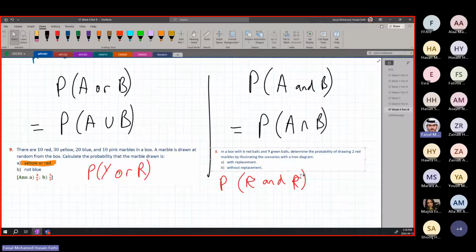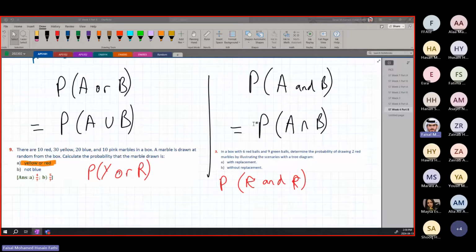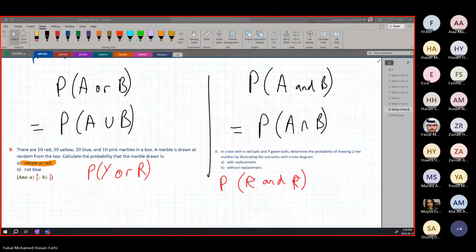In the other case, you're going to be drawing either one yellow or one red. This is how you will be able to differentiate between or, which is union, and and, which is intersection. It depends on how the question is being asked. Does this clarify the difference between and or? It depends on how the question is being phrased and what you're trying to find out.